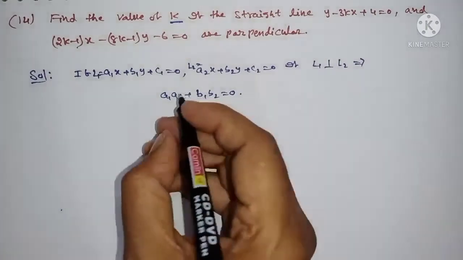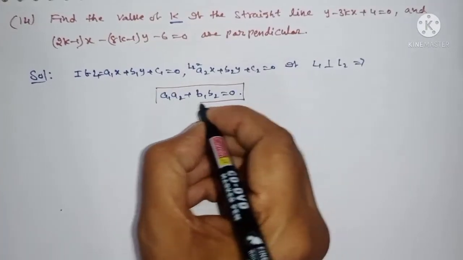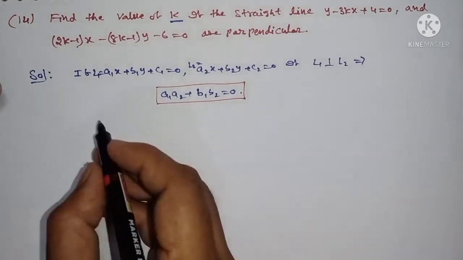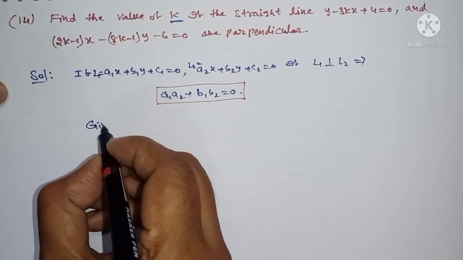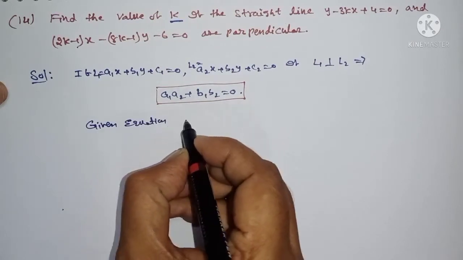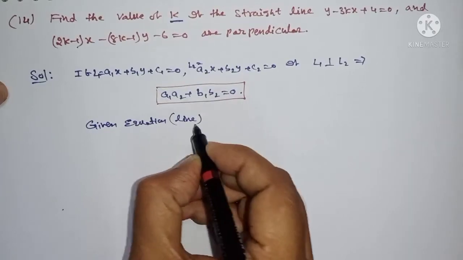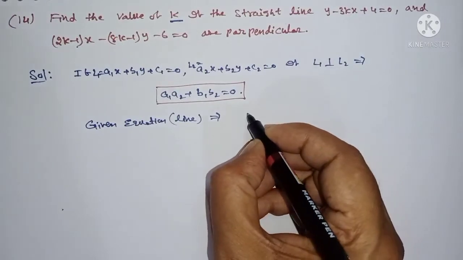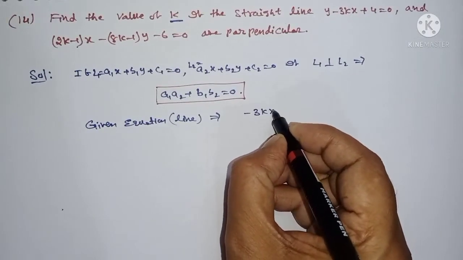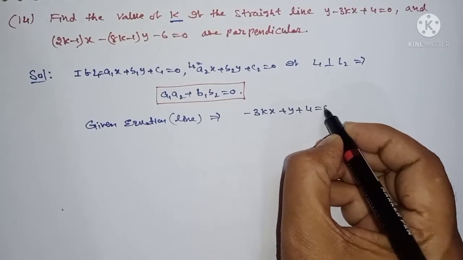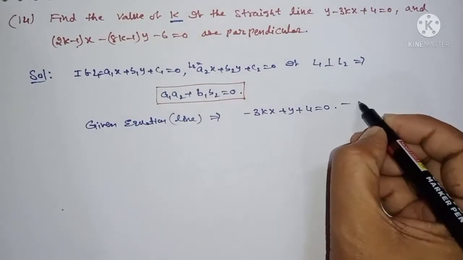What is the formula you have? If two lines are perpendicular, then a1 a2 plus b1 b2 is equal to 0. Similarly, you can write the given equations here. First I am writing the line equations in standard form: 3kx plus y plus 4 is equal to 0, this is equation number 1.